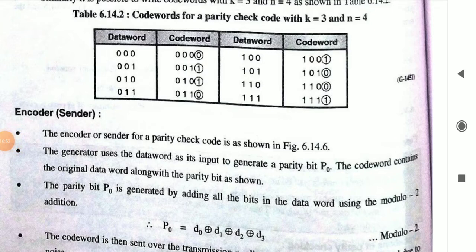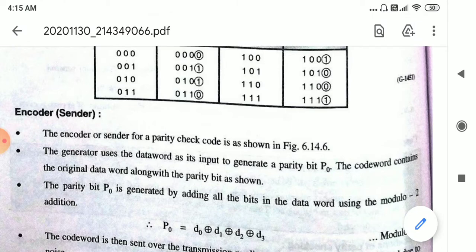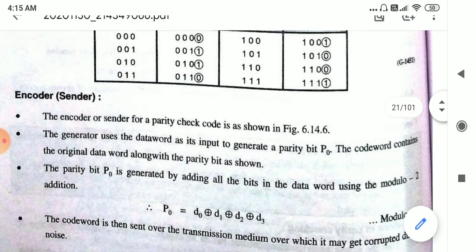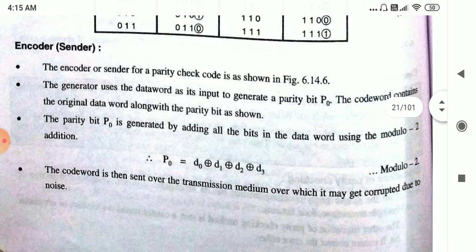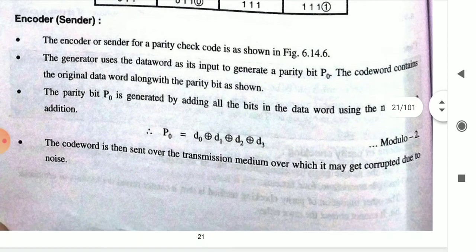The encoder or sender for parity check code is shown here. The generator uses a data word as its input to generate a parity bit P0.